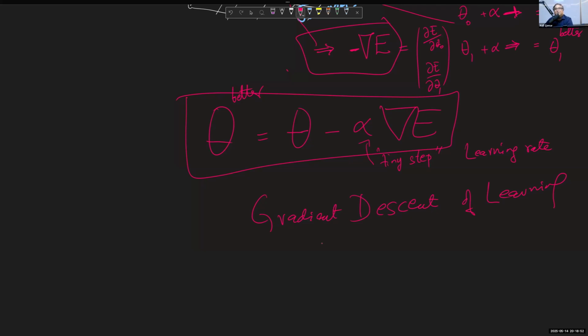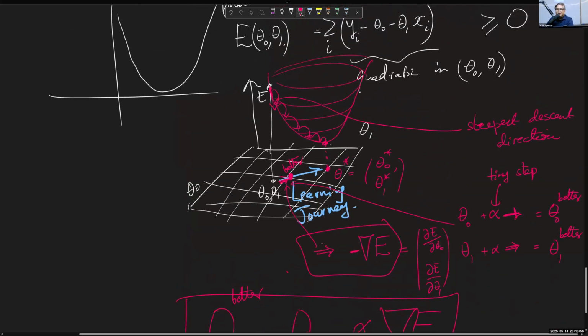But till when do I keep repeating? It turns out that at the bottom of the error surface, it's flat. Right? Is there a slope at the bottom? There is no slope. Like, for example, when you climb down Yosemite mountain, or the hillside, and you are in Yosemite Valley, it's flat. There's no slope there.